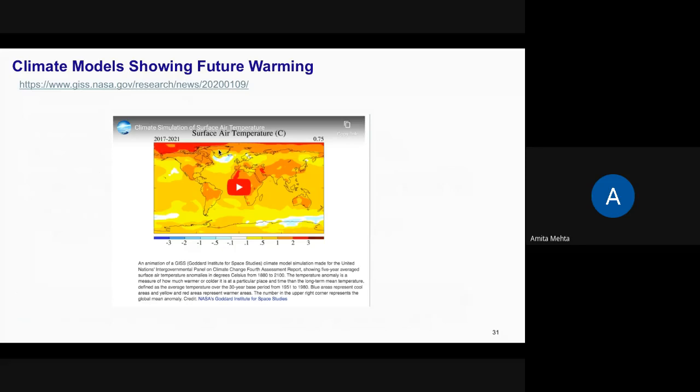And if I have time, I will share this site with you, which allows you to monitor surface air temperature over several years. If you go to this site, you will be able to see how surface temperatures have changed over the years, and this is the last period, 2017 to 21.